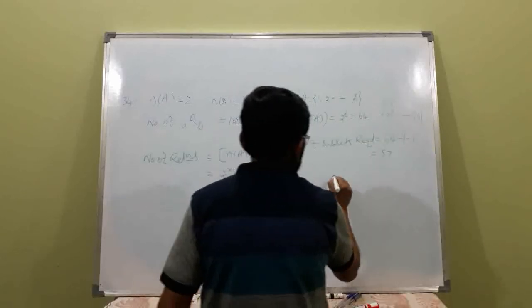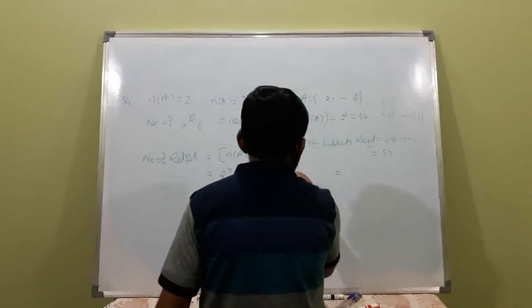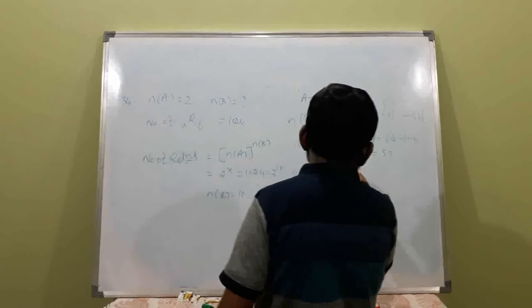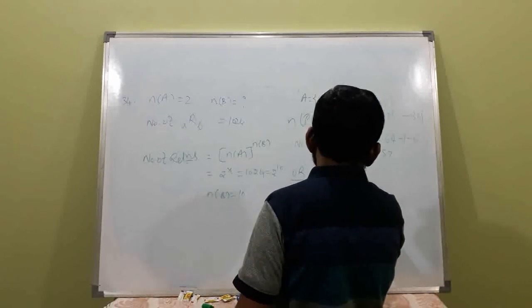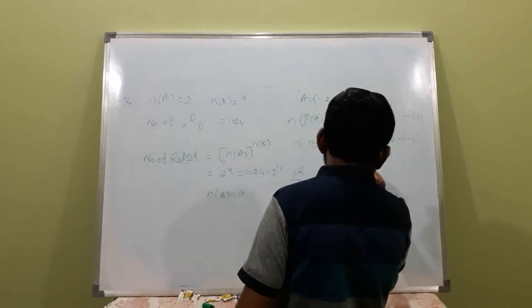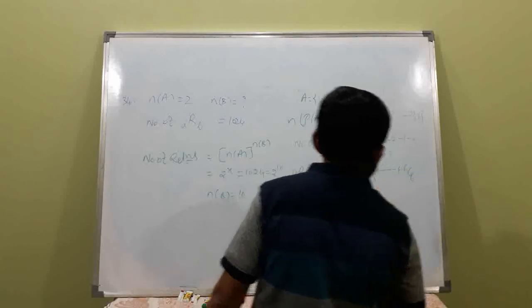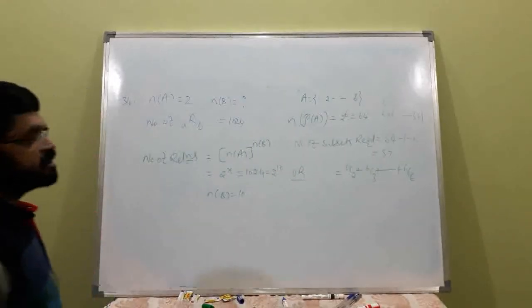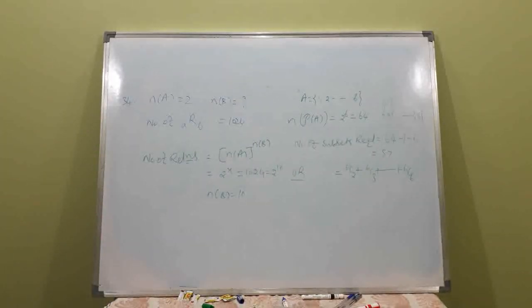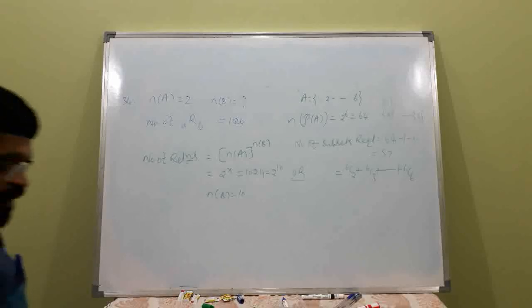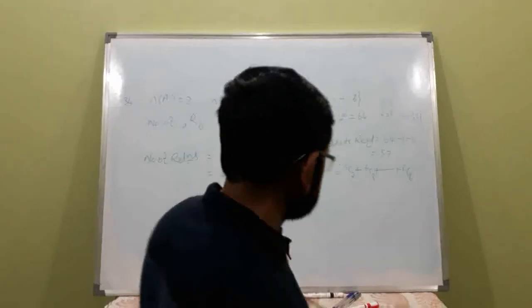We can also work it out like this: 6C2 + 6C3 and so on up to 6C6. That is also 57.